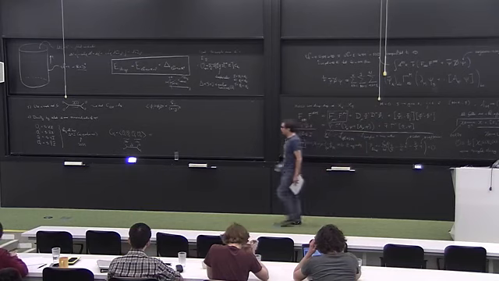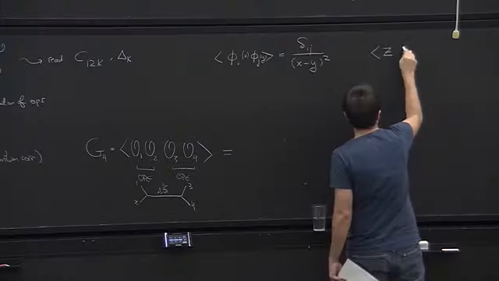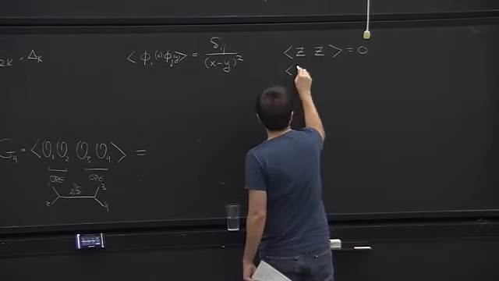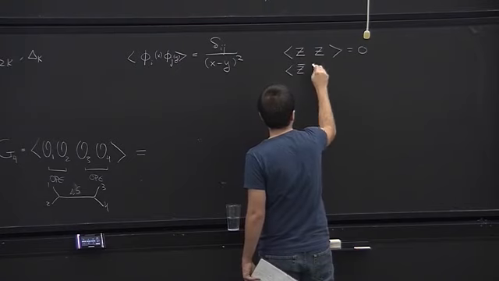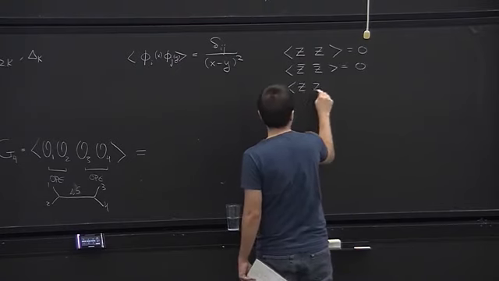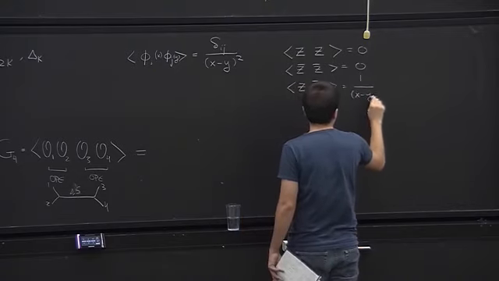Now, if you go to this complex scalar, you read off that the correlation function between a z and a z is equal to 0. A z bar and a z bar is equal to 0. And the one that is not 0 is a z with a z bar. That gives 1 over x minus y squared.